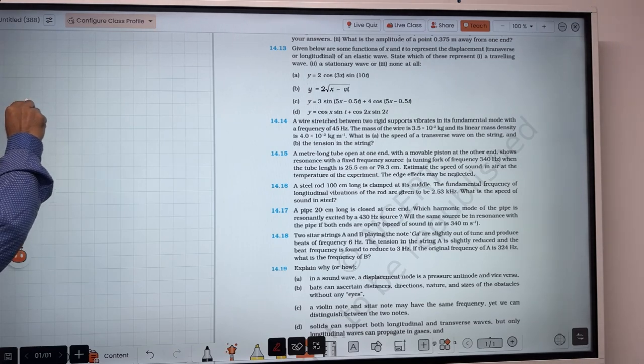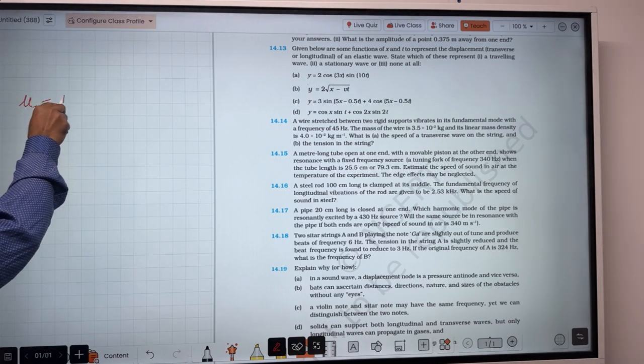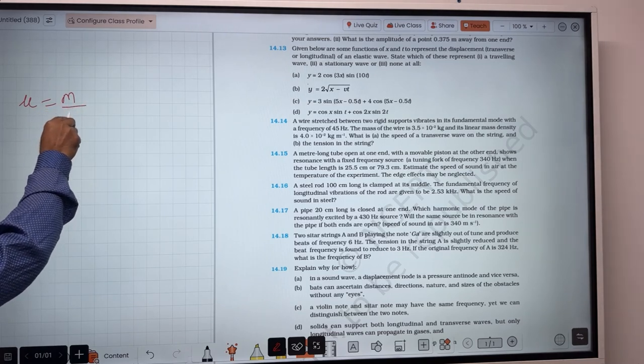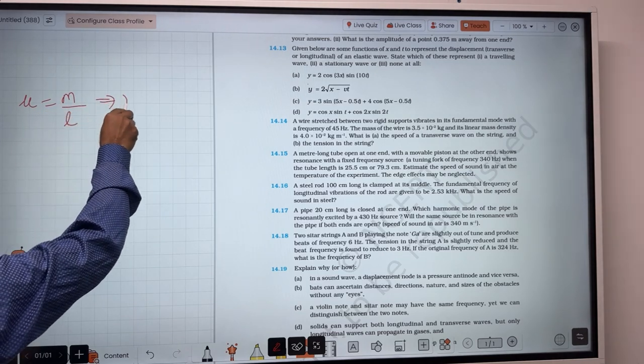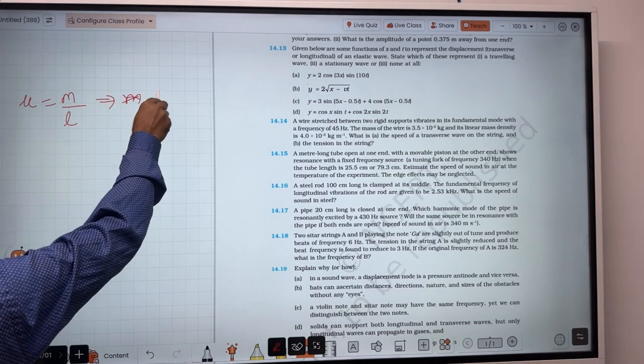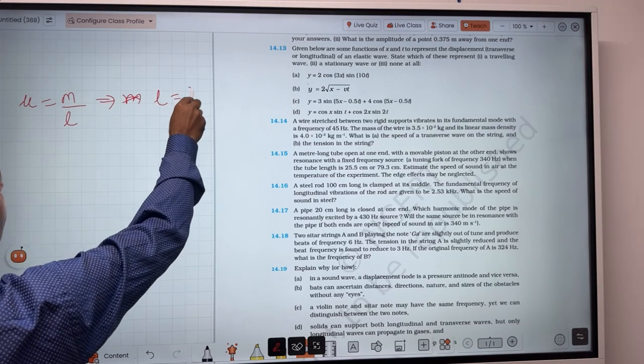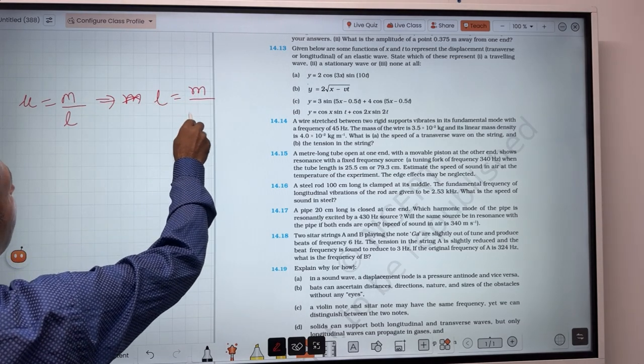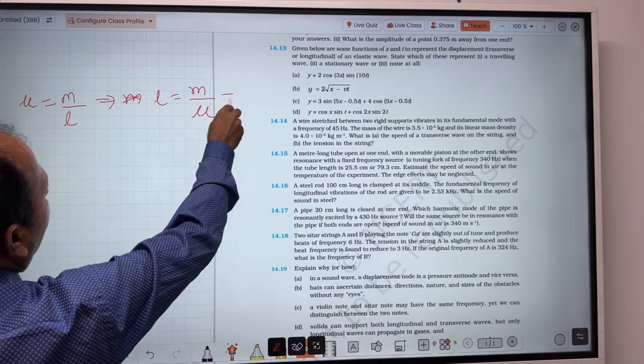We know that mass per unit length, mu, is equal to mass divided by length. Suppose we want to find the length: length will be equal to mass divided by linear mass density.